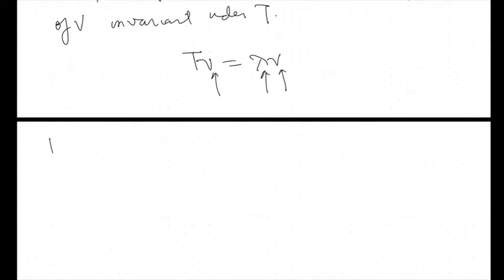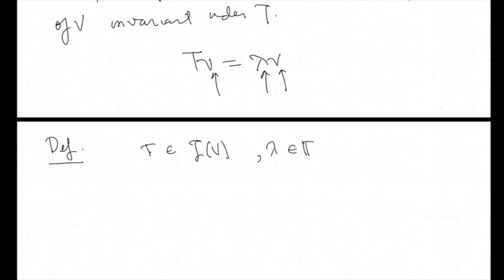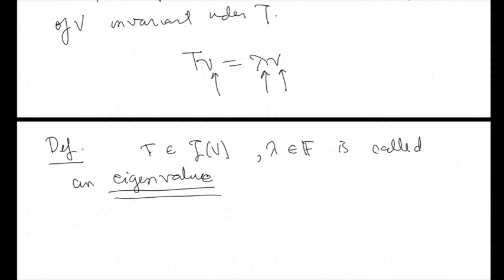That is why we have names for this lambda and for this V here. Okay, let us name them. T is an operator on V, and a scalar lambda is called an eigenvalue. Some books refer to this as a characteristic value.